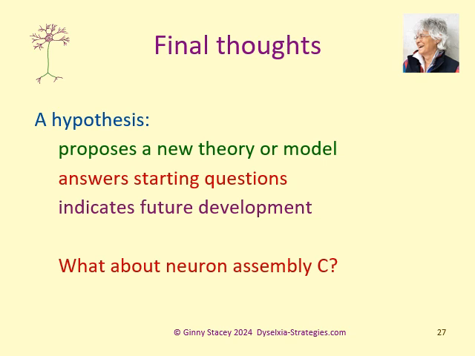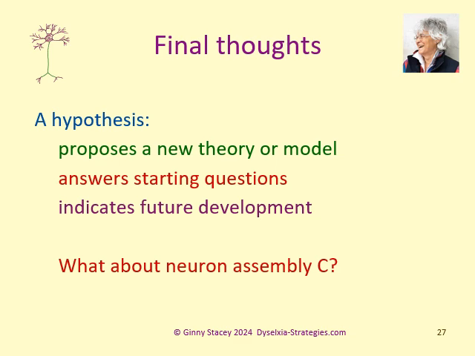So some final thoughts. Well, a hypothesis proposes a new model or theory. I've done that in saying that connections, neuronal pruning and wiring and firing together underpins what happens in dyslexia-SpLD.